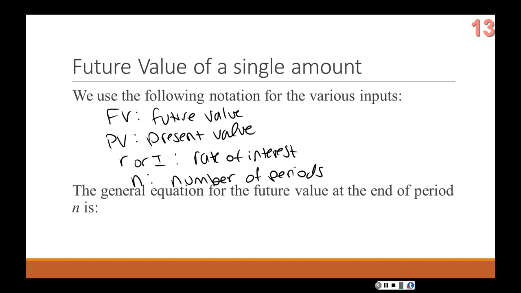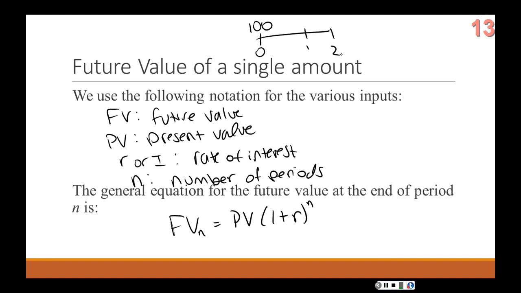So the general equation then, the future value at time period N is equal to the present value times 1 plus the stated rate raised to the nth power, which is what we just did. So Fred had placed $100 at time period 0, so we'll put in our timeline. At time period 0, he deposits $100, and we want to know how much that's worth at the end of 2 years.